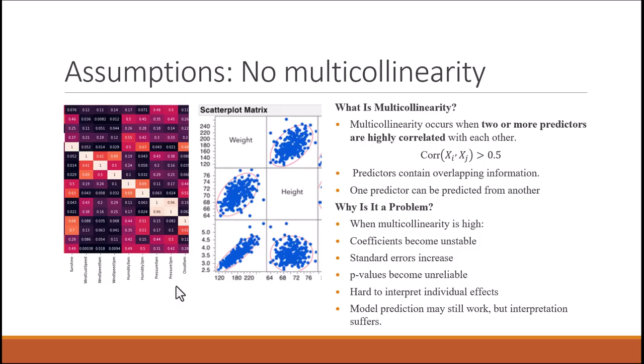What should I do now? We have another method, which is called principal component analysis, where you can combine different groups of variables into one variable. By using principal component analysis, you reduce this multicollinearity.